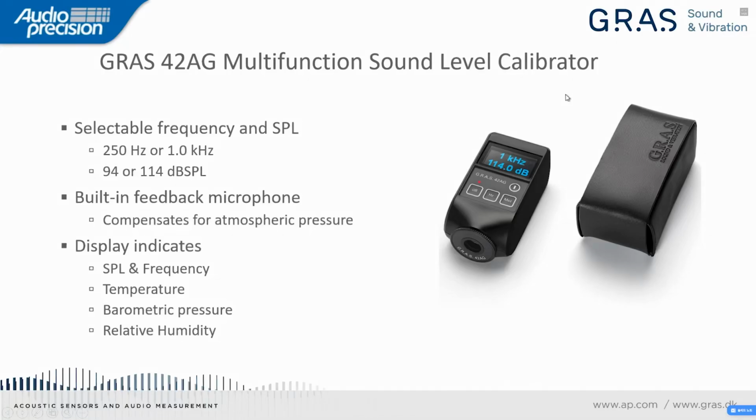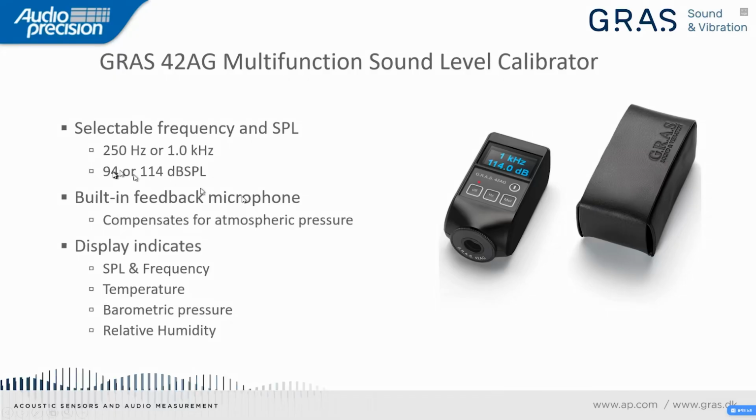Now, this is one of the nicest calibrators that I've ever used. As you can see, it has a digital display. And the nice thing about it is it has two different sine frequencies. You can generate either 250 hertz or 1 kilohertz. And the 250 hertz is especially important because that can be used to calibrate ear simulators directly.